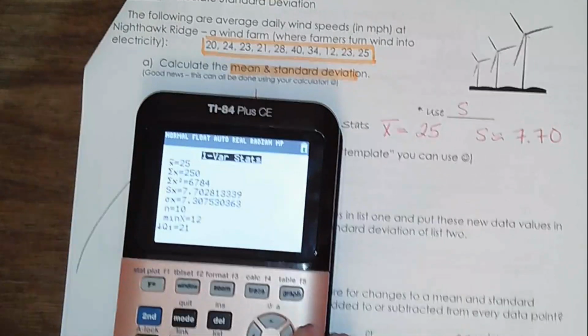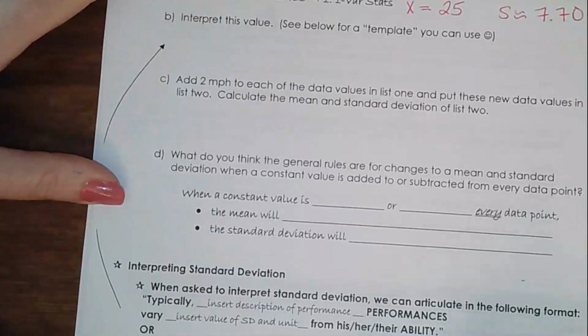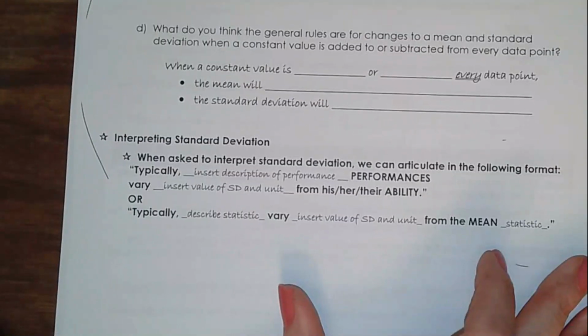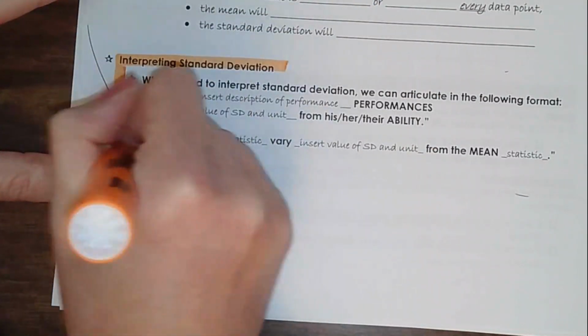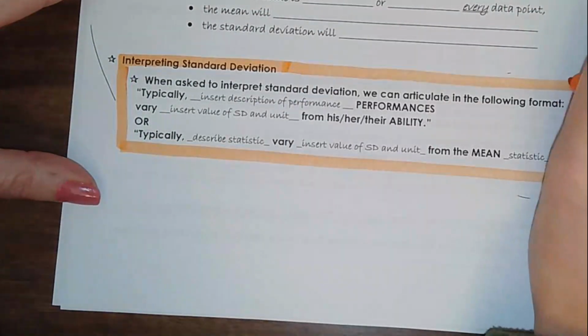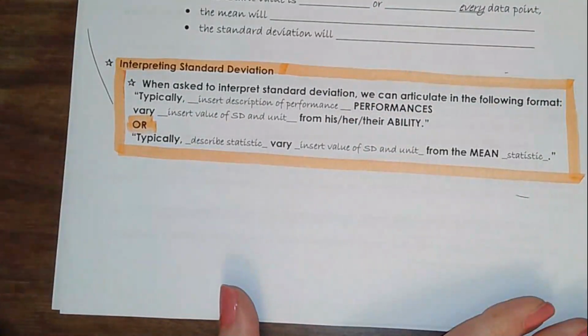Okay, here we go. It says interpret this value. We wrote these down at the beginning of the notes, but again, here's the interpretations for standard deviation right down below. If you want to highlight it, go for it. Remember, there's two types of ways you can interpret. So we're talking about wind speeds here.